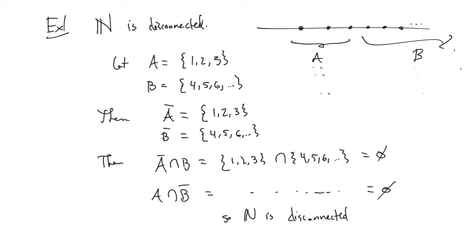All right? Any thoughts about that one? Excellent. Here's the more interesting one. This one's a little trickier, I guess. Q. Q is also disconnected. On an intuitive level, you should feel like Q looks like this. It's got points everywhere, but they don't exist in any continuous intervals, right?